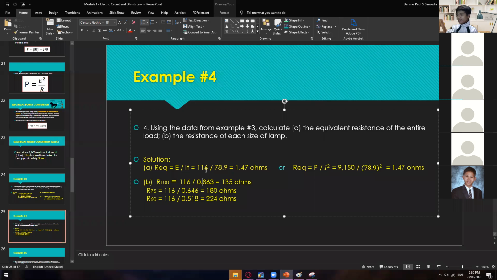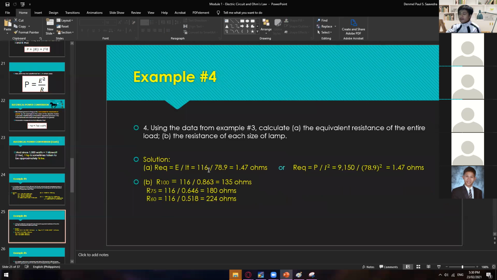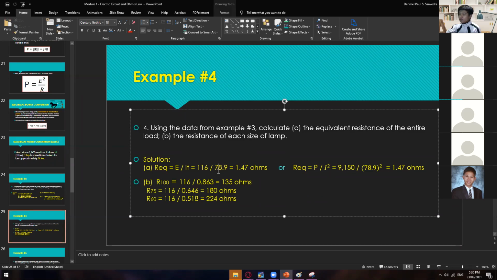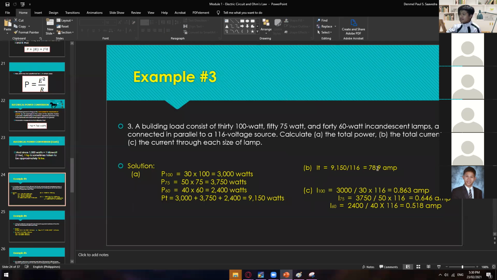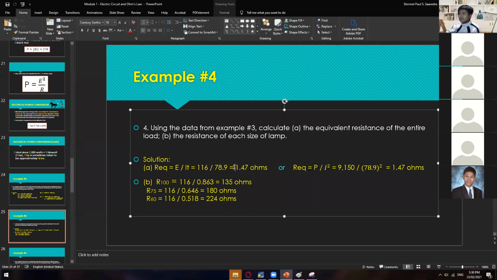From here, your voltage source is already given, which is 116 volts, and your total current is already solved from letter B, which is 78.9 amps. Just put it right here and you will get 1.47 ohms as your total resistance.